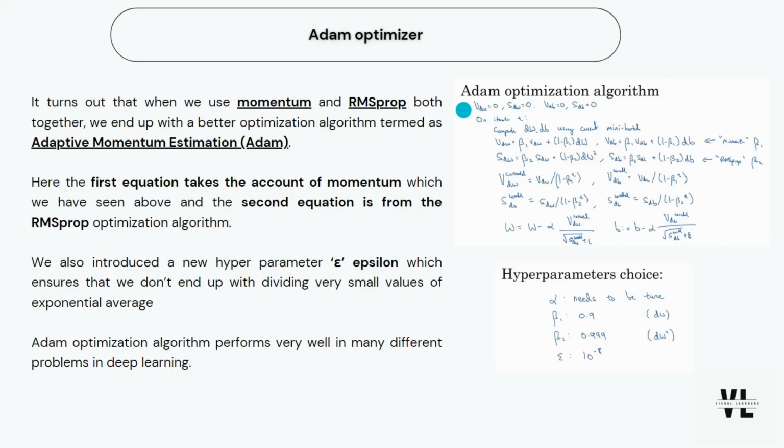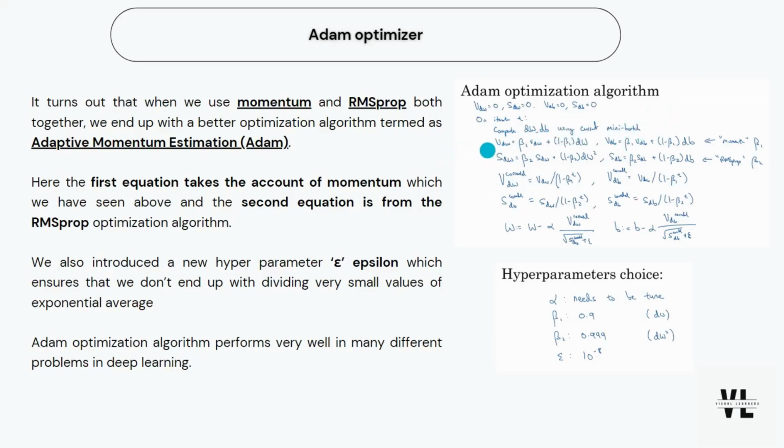We're going to initialize VDW, VDB, SDW, and SDB from both the RMSProp and gradient descent with momentum as 0. On each iteration t, first we need to compute the gradients DW and DB for the current mini batch.